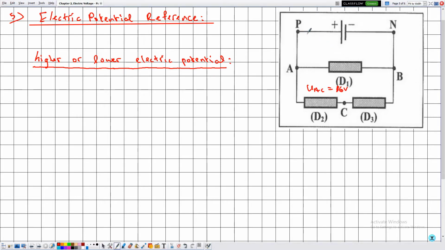So independent of what are the values of UPN, UAB, and UCB. So let's say that UAC is equal to 16 volts, and suppose that we put forward the following question: which terminals, A or C, has higher electric potential?